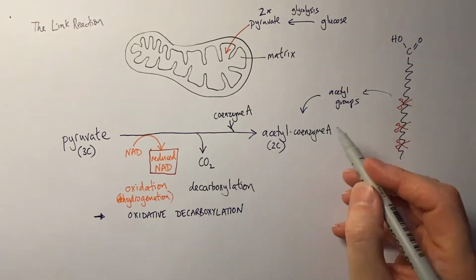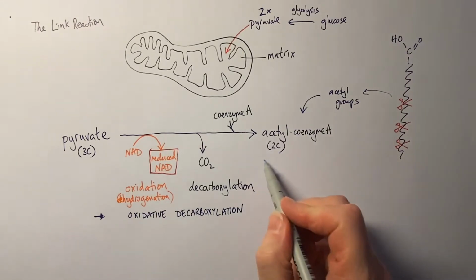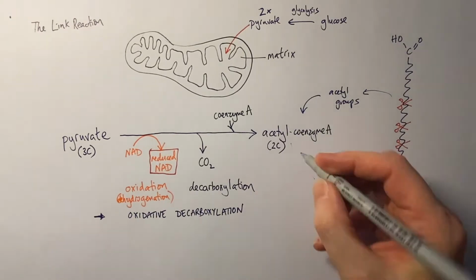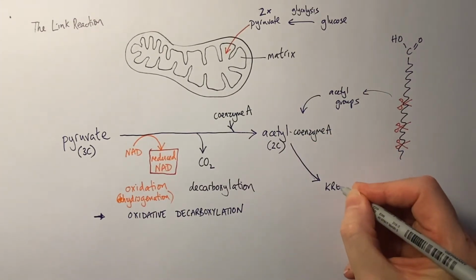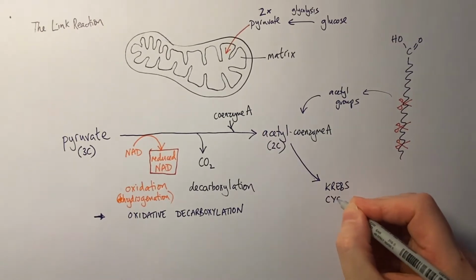So the next part is finding out what happens to acetyl groups, acetyl coenzyme A, when they go to the Krebs cycle.